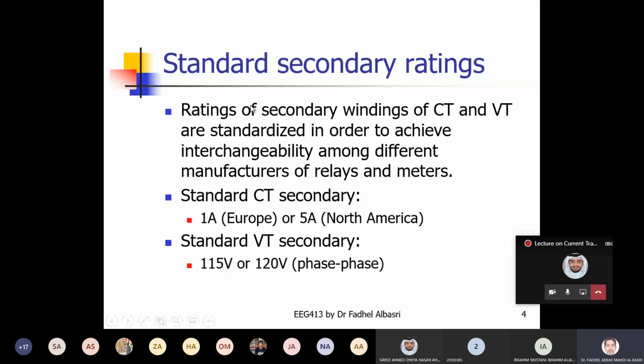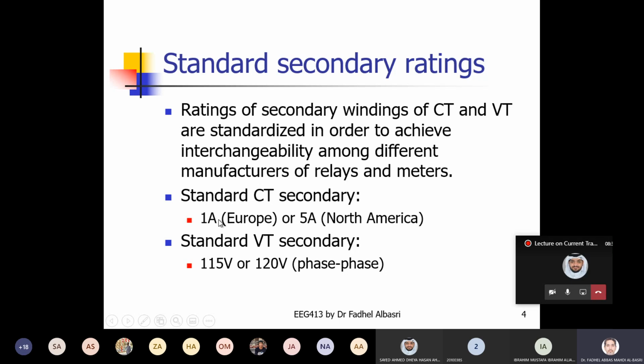What are the ratings of the output of these CTs and VTs? Normally, the standard CT output or secondary rated current of the CT is either 1 ampere or 5 ampere. There are some manufacturers, I'll show you later in the relay, who design their relay to accept either 5 or 1.